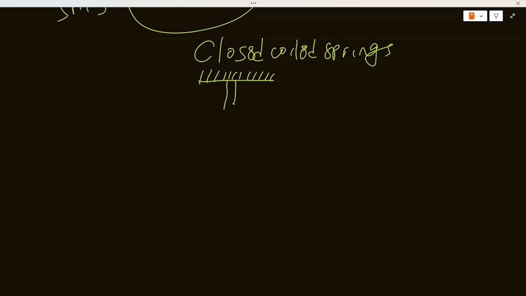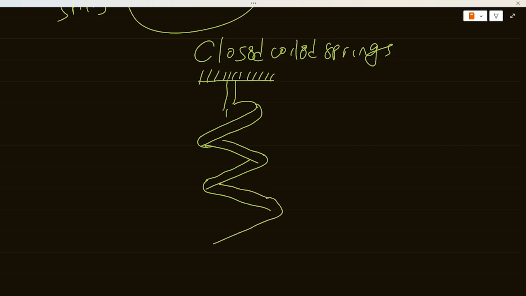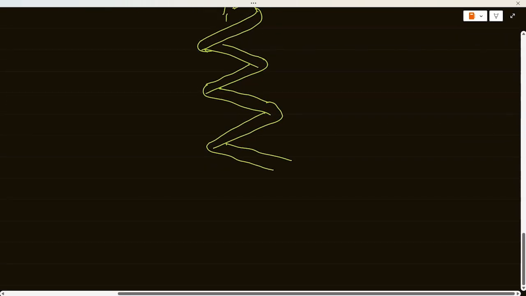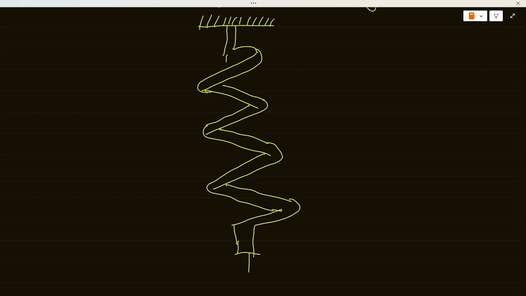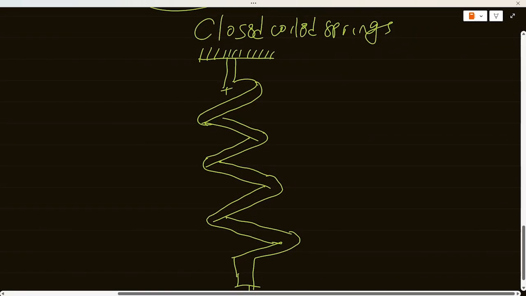Sorry, my drawing is kind of bad. I'm trying to draw a spring with all these things I'm drawing. Single turns are called coils. They make up a spring, and then the weight is attached to it.